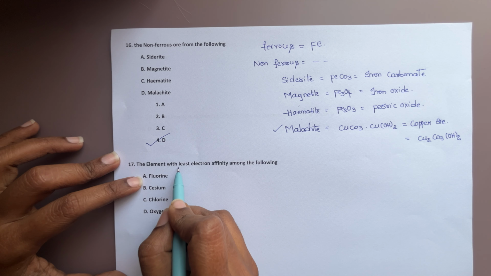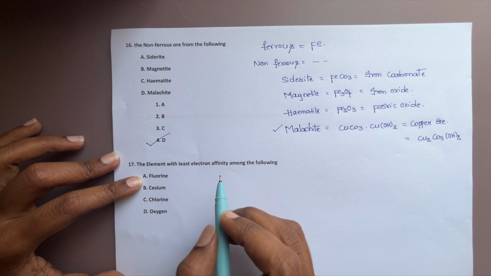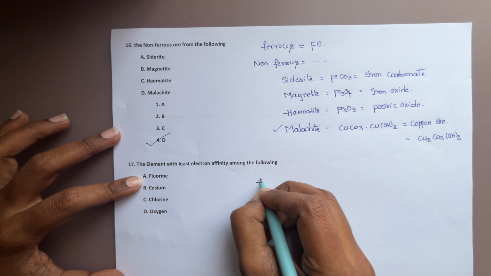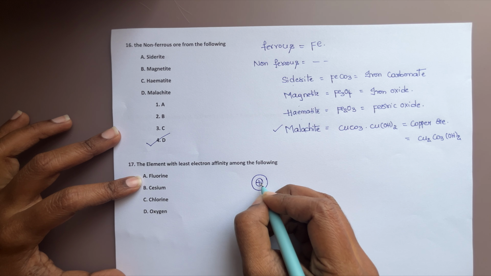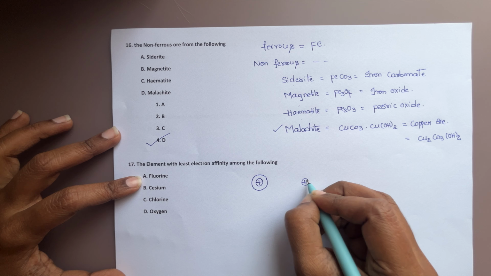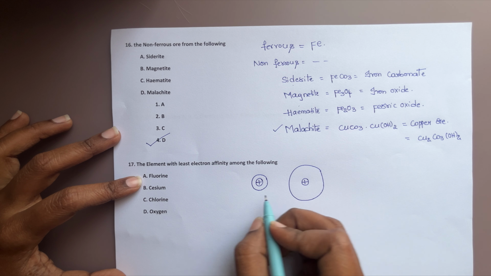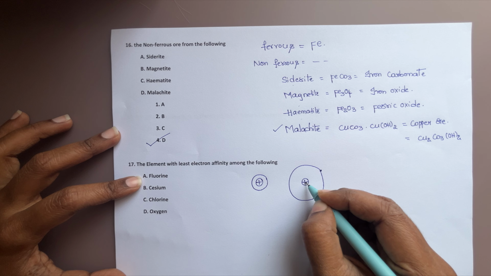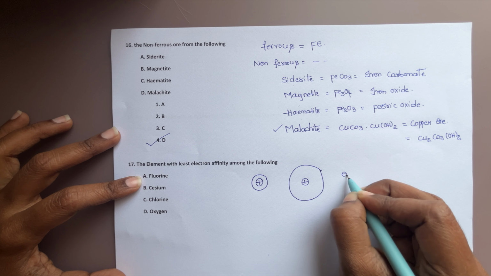The element with least electron affinity of the following. Electron affinity depends on the size. For example, if it is small size, more electrons are attracted towards the nucleus. If it is a very big size, the electron is attracted slowly towards the nucleus because it is very far.